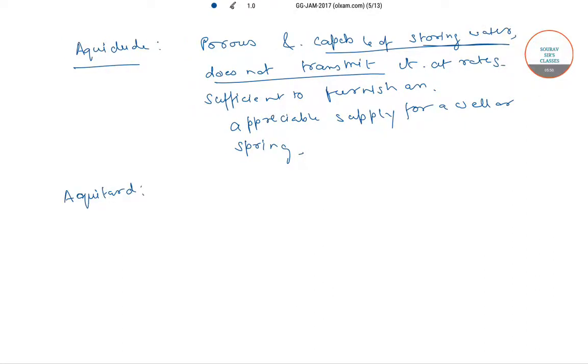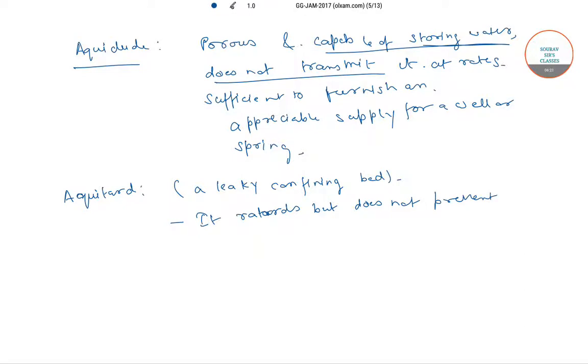Next is aquitard. It can also be called a leaky confining bed, as it is a confining bed that retards but does not prevent the flow of water to or from an adjacent aquifer.